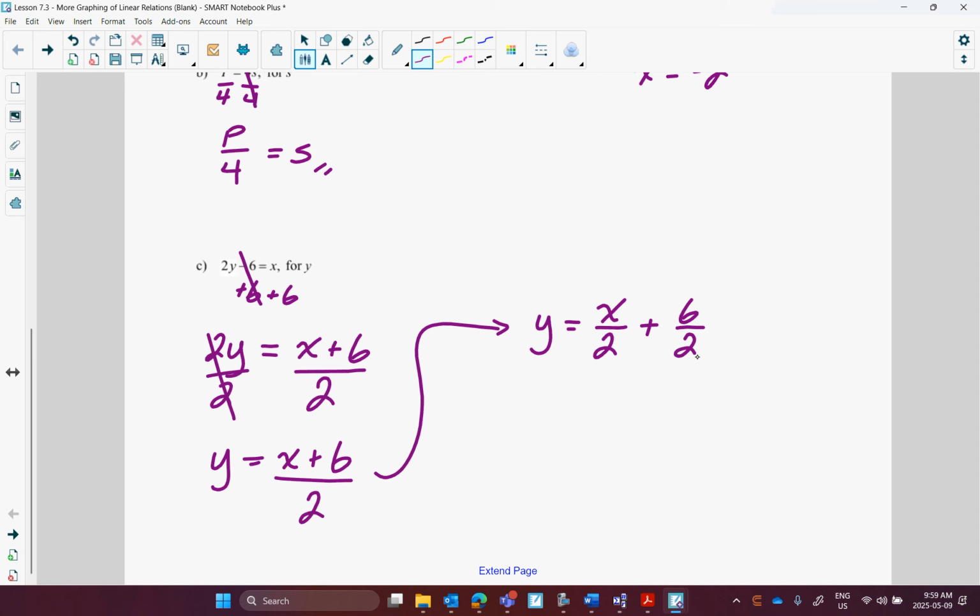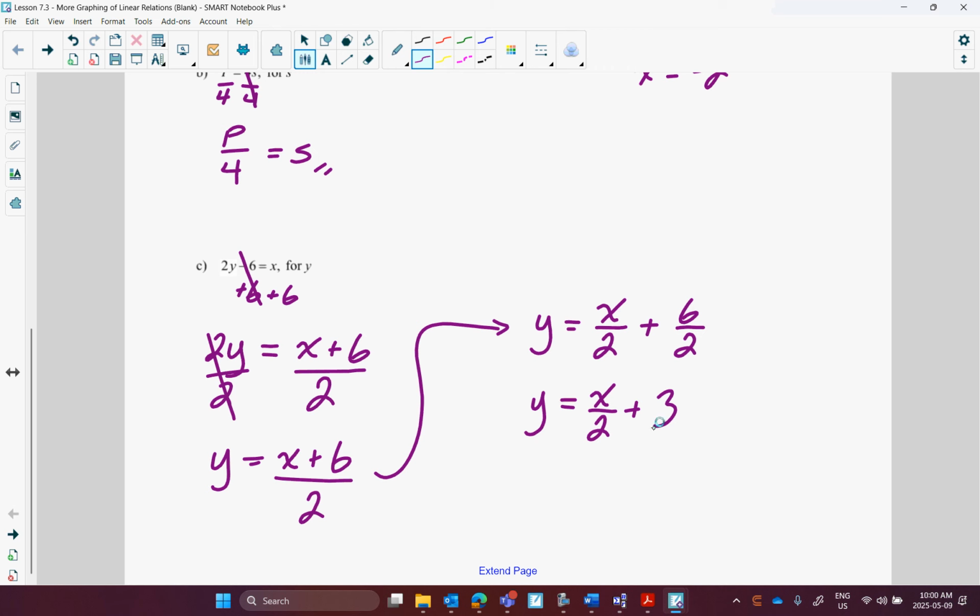Well, there's an easier way to say 6 divided by 2. What's an easier way to say 6 divided by 2? 3. So that means the same thing as this, but you should really try to get used to doing it like this.